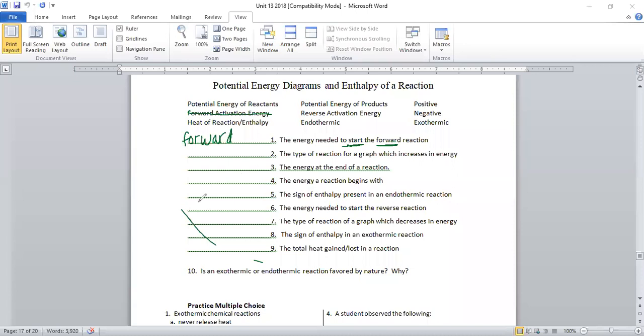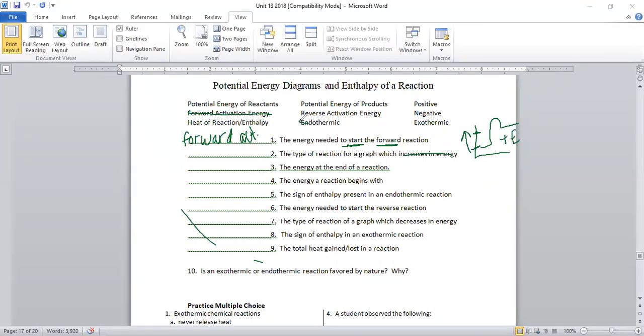Okay, recording again. So that is the energy needed to start the forward reaction. So it's forward activation energy. The type of reaction for the graph which increases in energy means it looks like this. Okay, so if we start here with our energy and we go up, we're adding energy, so plus energy.